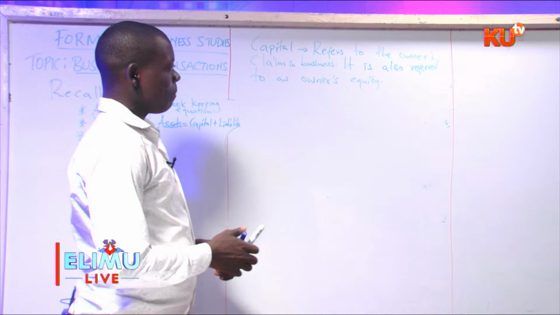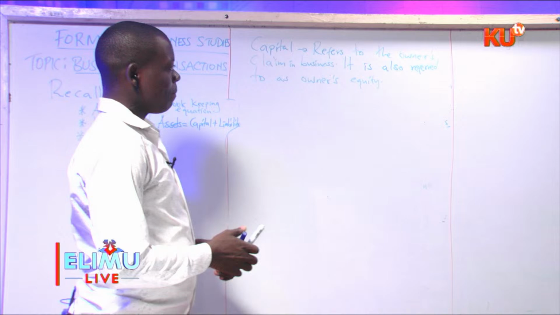Again, students, how do we then attain the new capital? The new capital will be, we take the initial capital, we add additional investment. These are the factors that affect changes in capital.